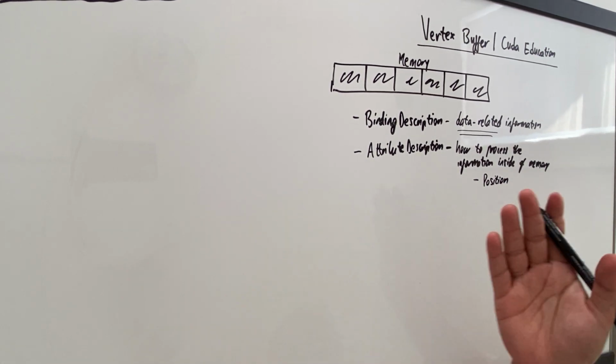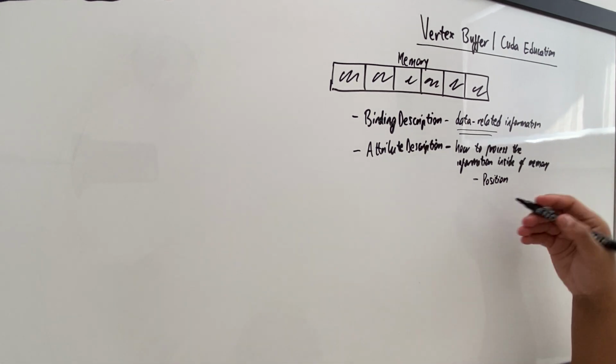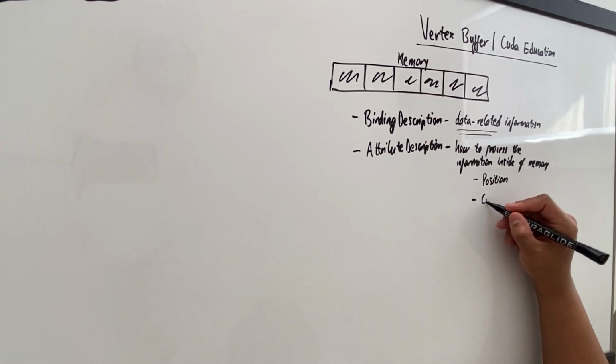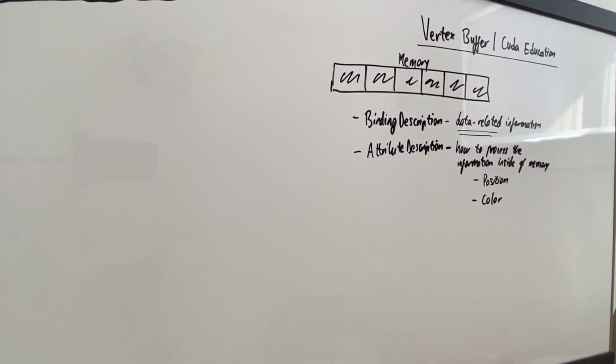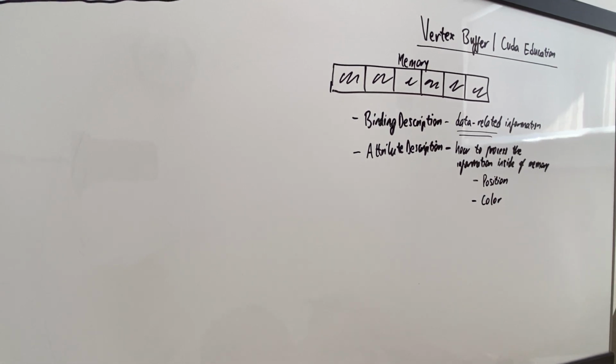So in the case of a triangle, which is the example application we use, a triangle has three vertices. So the position information is talking about those three vertices. And then we also have color, right? So color is, how are we going to fill the triangle? We have a color for each vertex in our example application. So there are three colors that are part of the triangle, and then they're combined together to make the full presentation of the triangle. So that's at the heart of what the vertex buffer does.